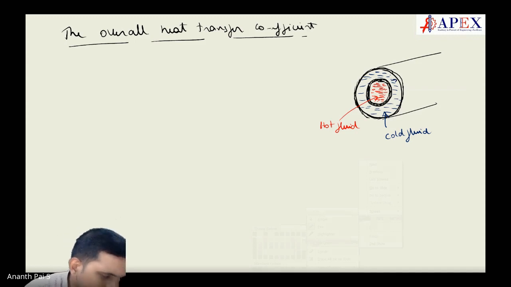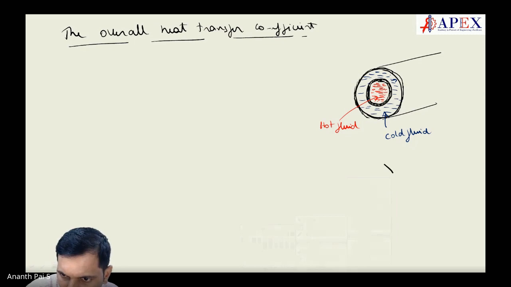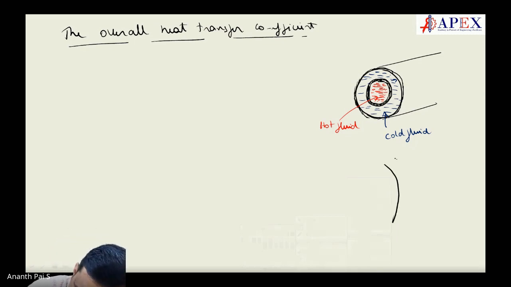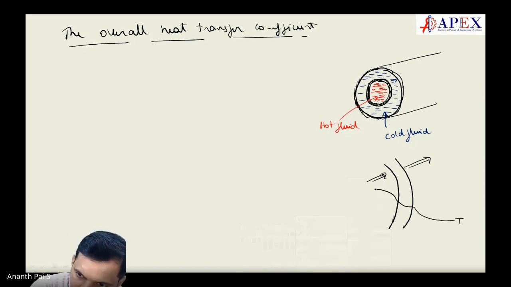Now consider the wall between the hot fluid and the cold fluid. Heat transfer is happening in this direction. From the hot fluid the temperature is high, it goes down through the wall, and then comes here and goes to T infinity.